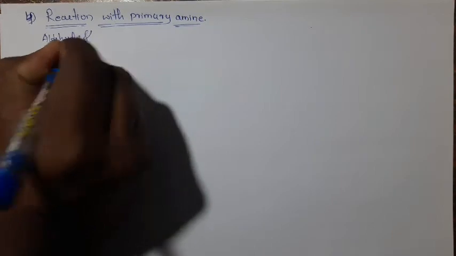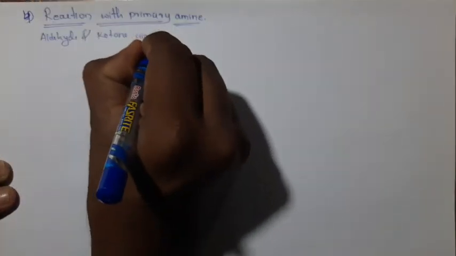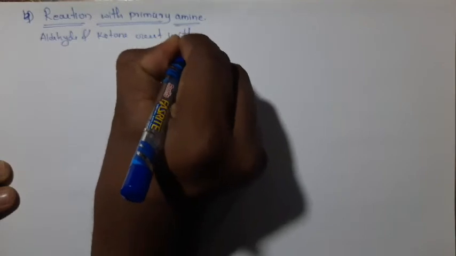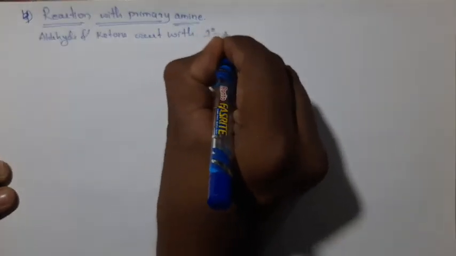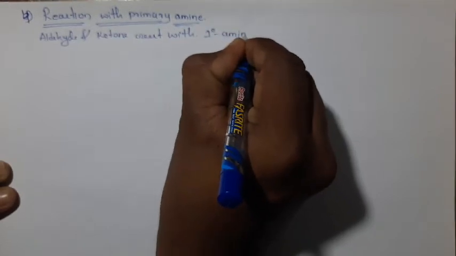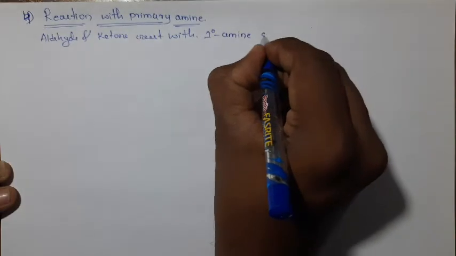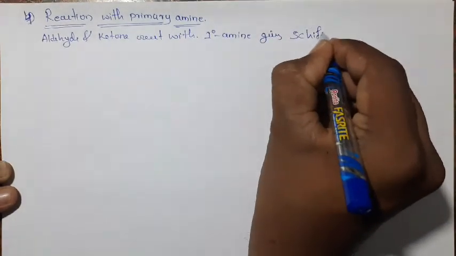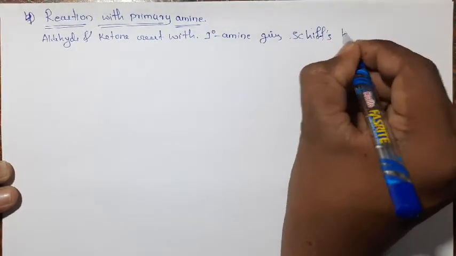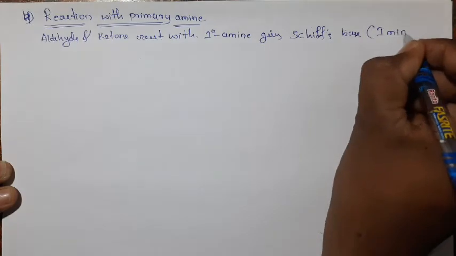When aldehyde and ketone are reacted with primary amine, it gives Schiff base, which is also called imines.